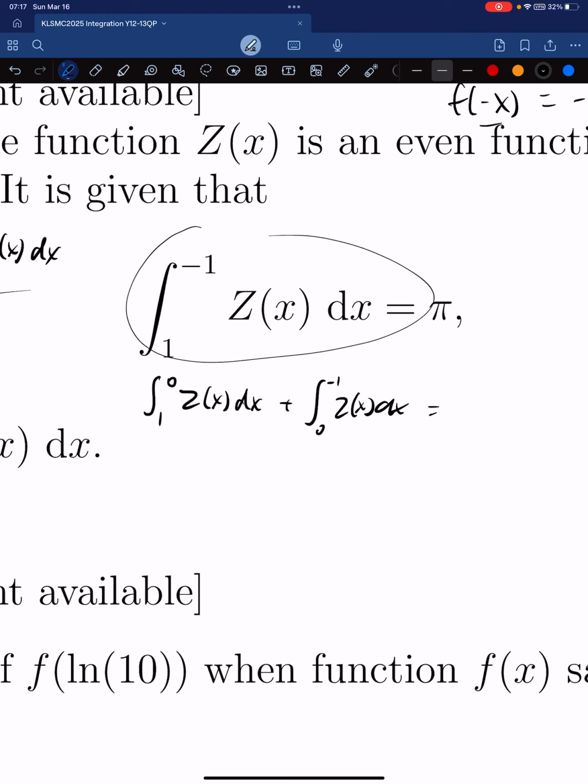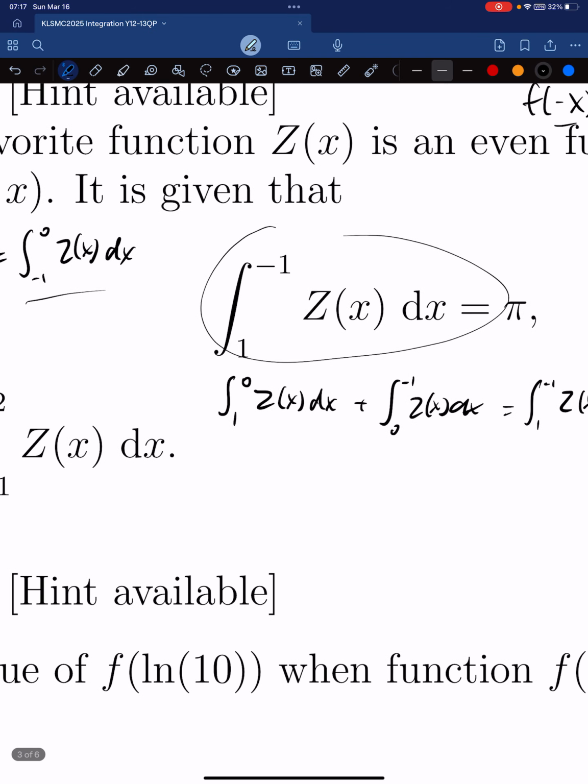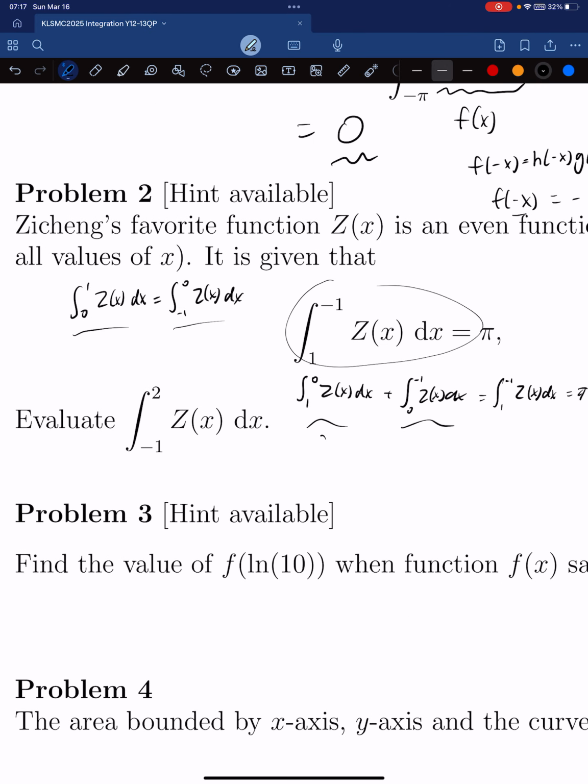right? So this equals the integration of z of x with respect to x from 1 to -1, and we know this equals pi. And because it's an even function, these two should be the same. So we know that the integration from 1 to 0 of z of x plus the integration of z of x from 0 to -1.